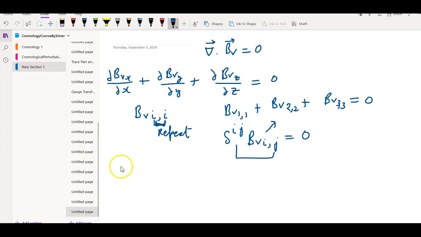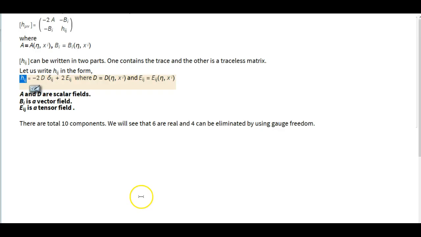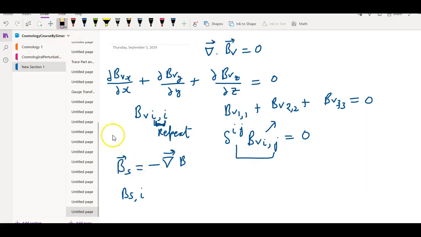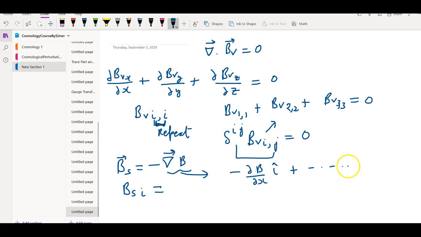In other words, you have B scalar, and the B_S i component is equal to minus del B by del x plus other components.